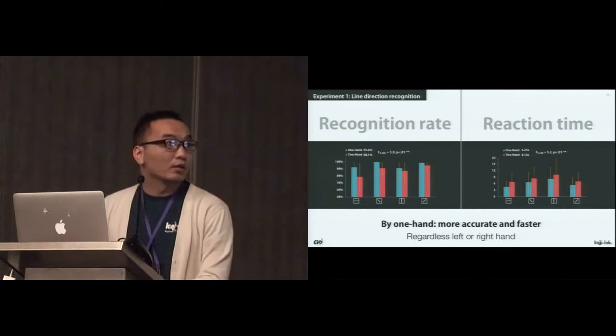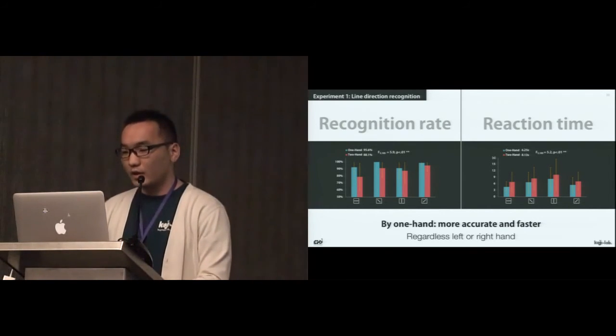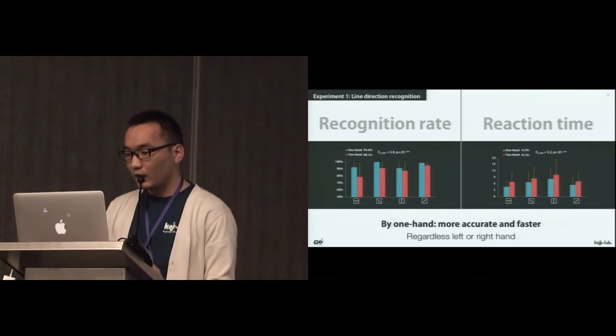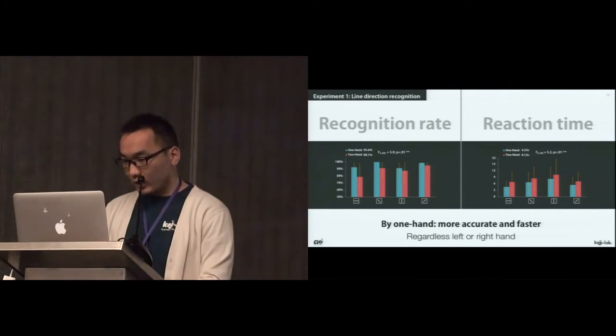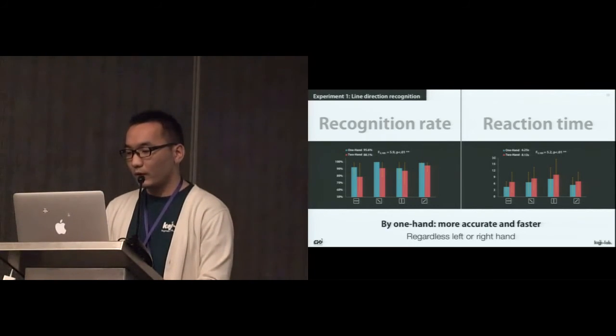The result is shown here. The left is the recognition rate, and the right is the recognition time. The X-axis shows the line types, and the Y-axis shows the performance. Overall, the recognition rate and recognition speed were high, and no confusion was found between the mirror images.